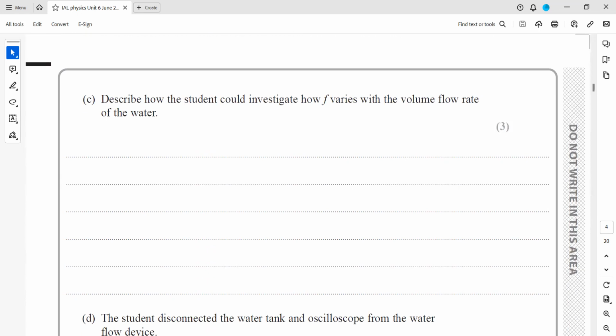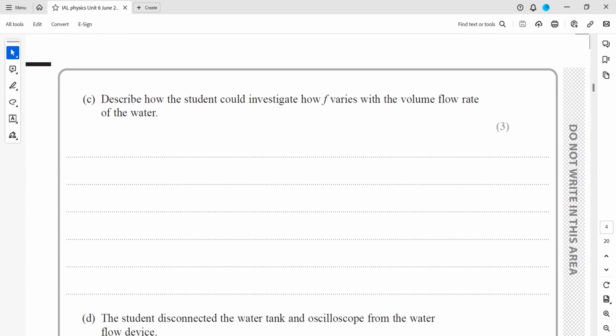So what should the student do? The student should first measure the volume flow rate for a certain height and the frequency, and then repeat the experiment with different values of the height and then plot the graph, because to know the relation we should always plot a graph.